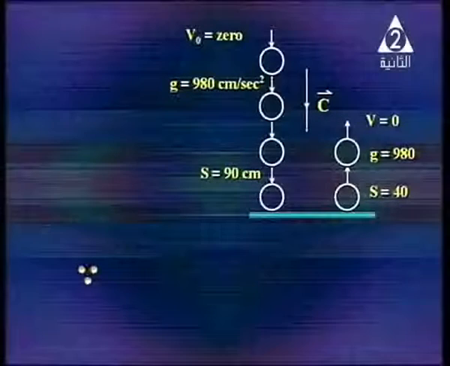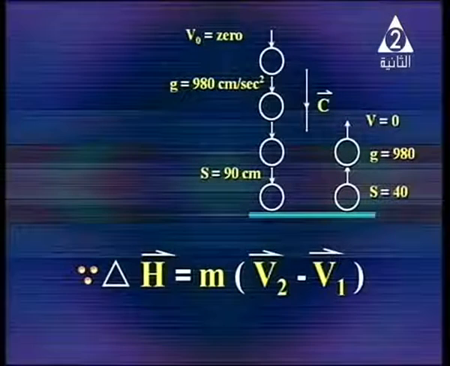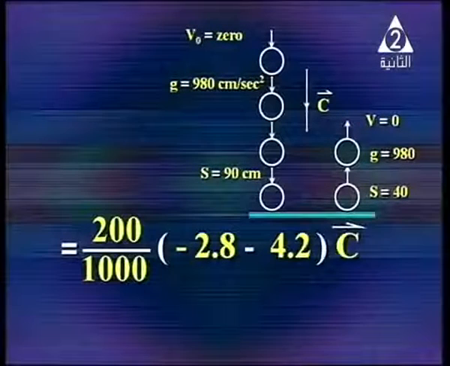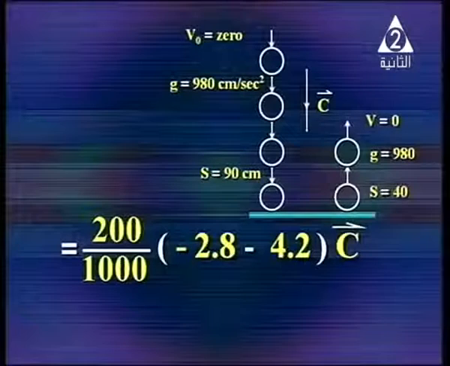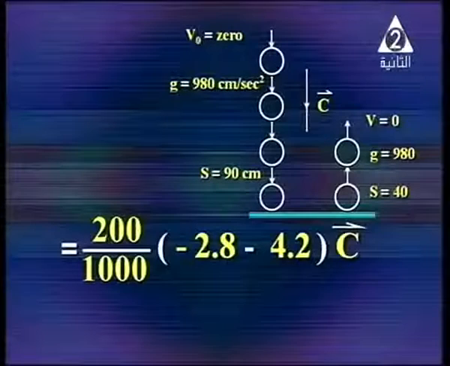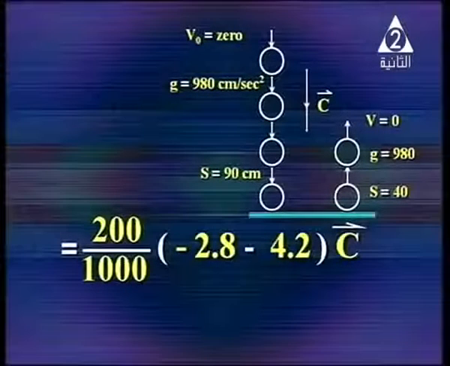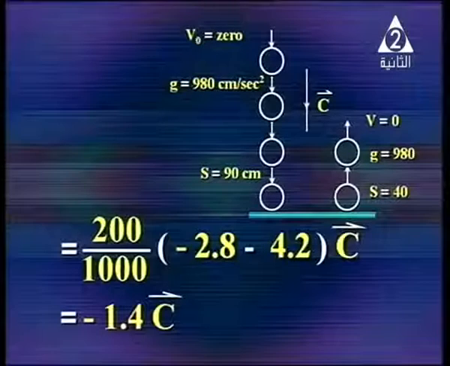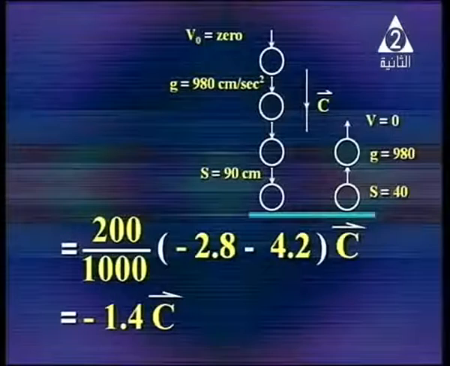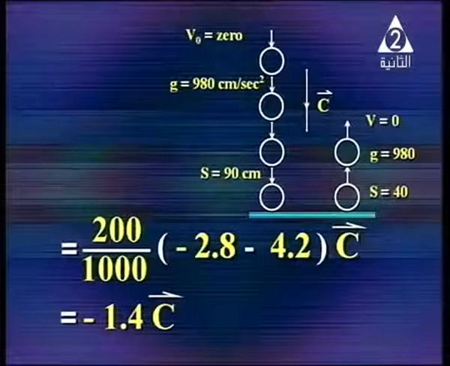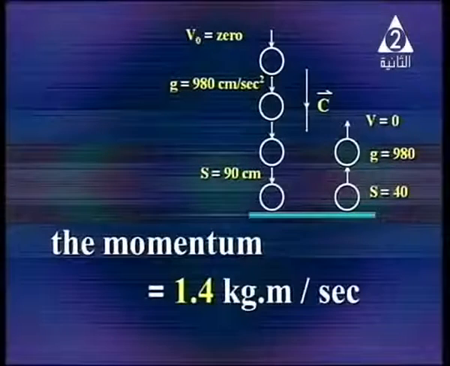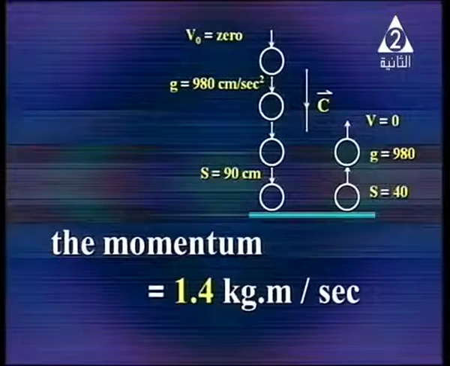Then delta H equals m(V2 minus V1). By substitution, m equals 200 over 1000 multiplied by the bracket containing negative 2.8 minus 4.2, equals what? Negative 1.4 in the downward direction. What is the momentum change in absolute value? It is 1.4 kilogram meter per second.